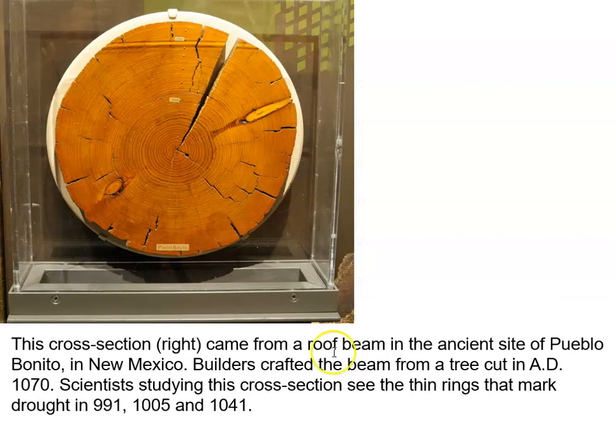And here, this is, I find, very, very interesting. A cross section from a roof beam of an ancient Pueblo Bonito in New Mexico. Builders crafted the beam from a tree cut in AD 1070. Scientists looking at this cross section could note that there were droughts in these years, which is very interesting.